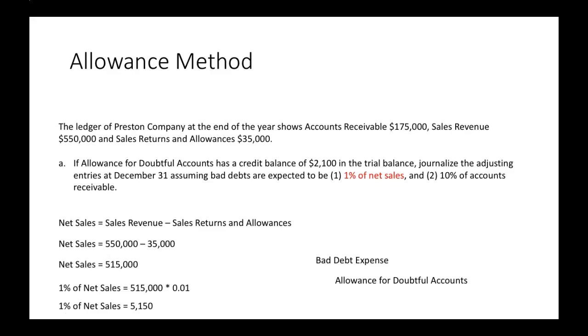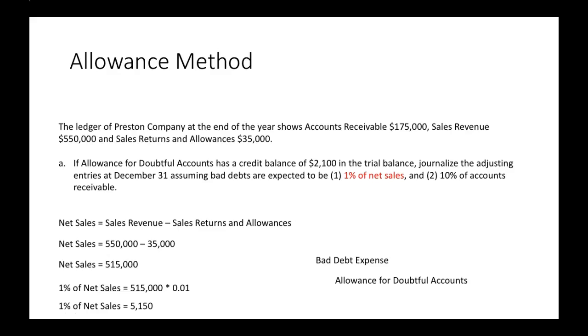Now, our number. We found our 1% of net sales to be 5,150. We're also told that our allowance for doubtful accounts has a credit balance of 2,100. That credit balance only comes into play when we're doing the percentage of receivables basis. So we'll talk about in part 2 of this problem how we bring in that $2,100 credit balance.